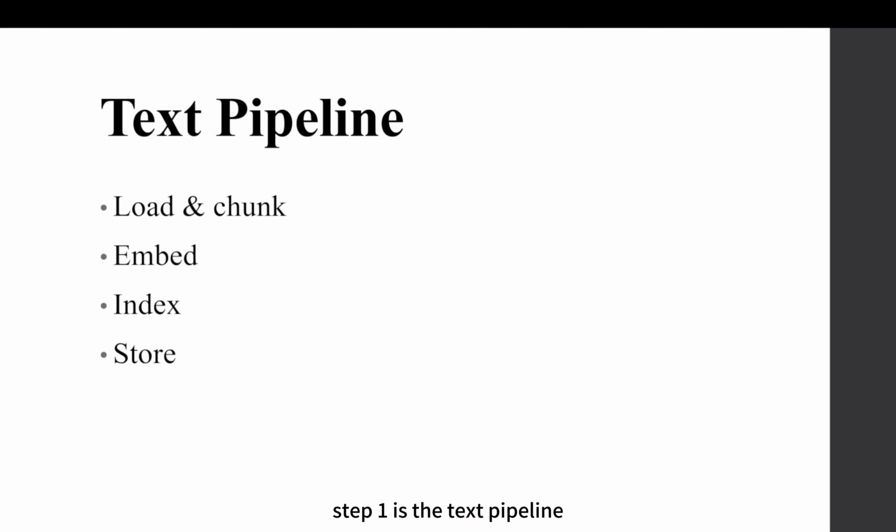Step 1 is the text pipeline. Conceptually, it's 4 moves. First, load and chunk your documents so we have small passages with a bit of overlap. Second, embed those chunks using an embedding model so each chunk becomes a vector. Third, index the vectors so we can do fast similarity search later.